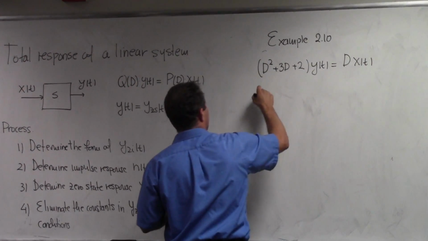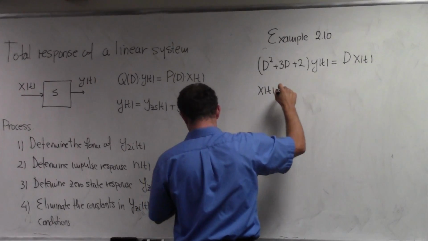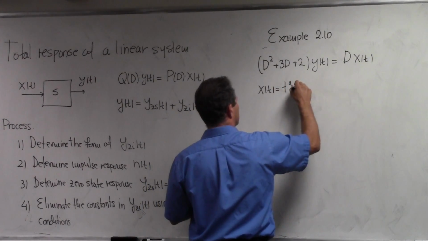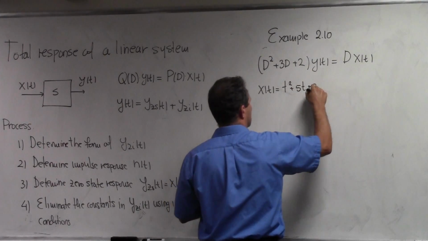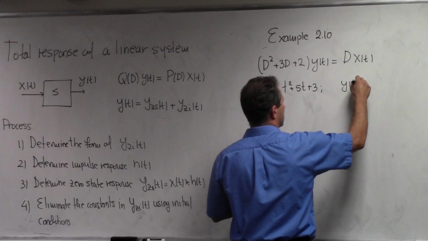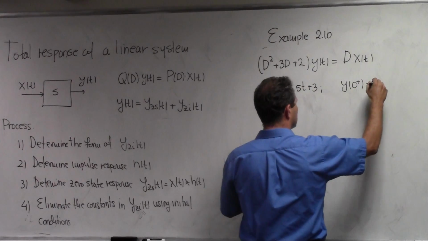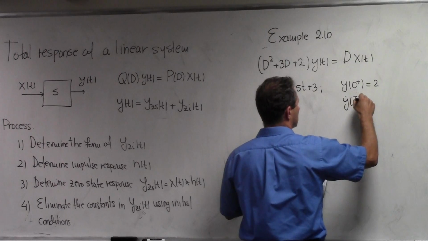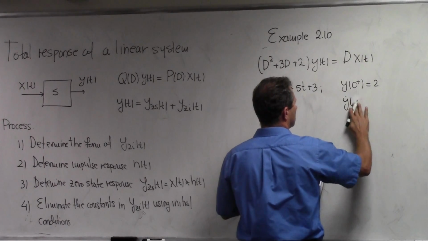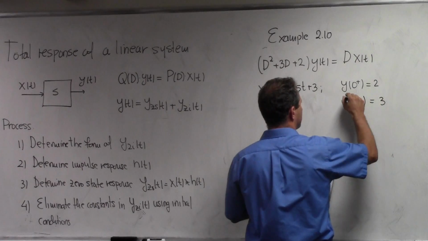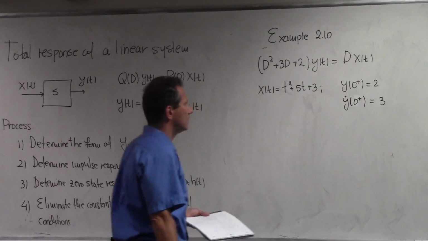X of t, our input, is given as t squared plus 5t plus 3. Our initial conditions are y of 0 plus equal to 2 and y dot of 0 plus equal to 3. So we have everything we need.